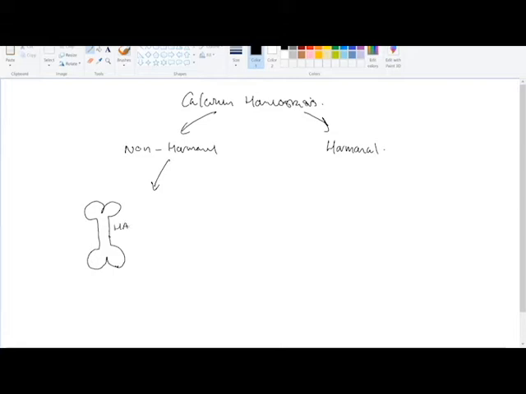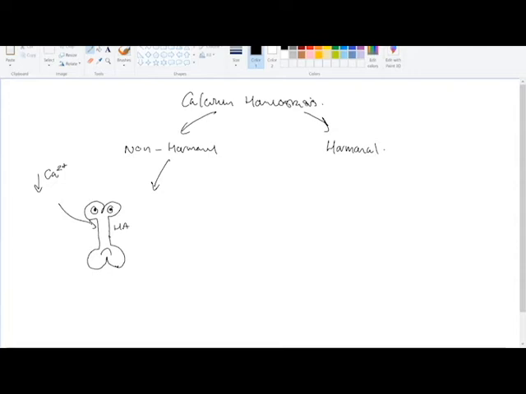So, the non-hormonal part of calcium homeostasis refers really to a very, very quick response for a drop in serum calcium. So, you know, in the bone, everything is connected. So we get a drop in serum calcium.